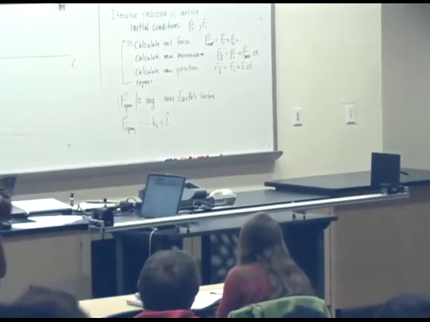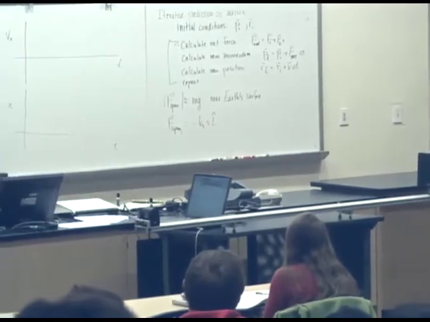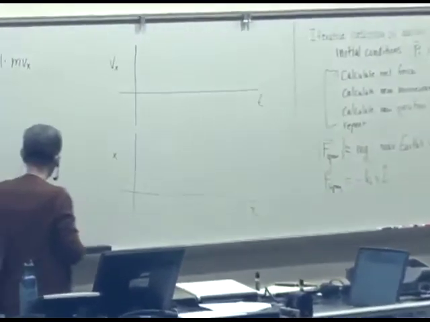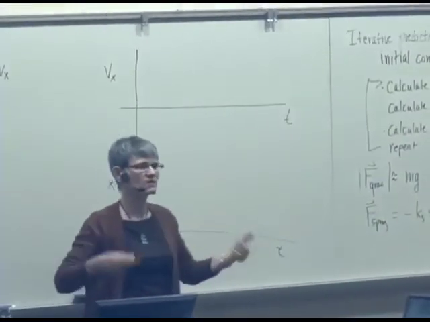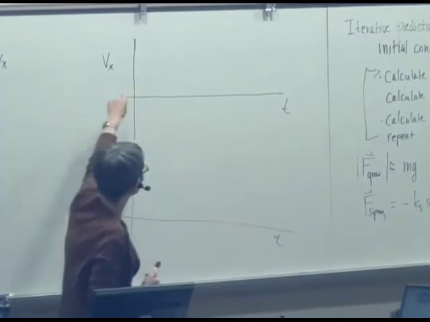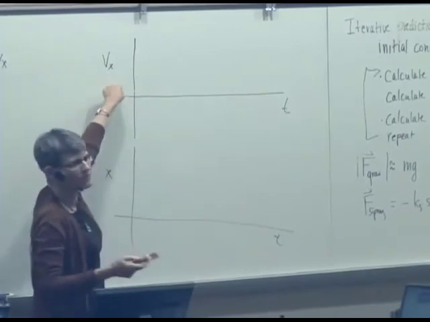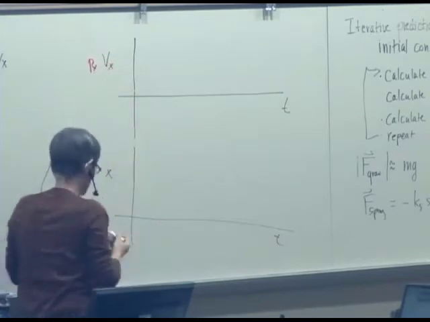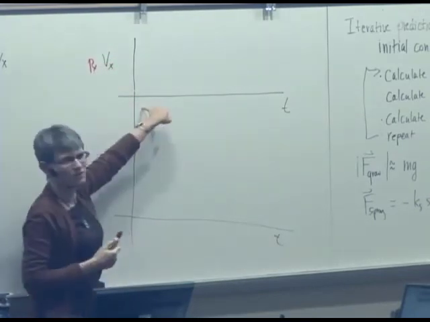What do we think we're going to see in these graphs when I do that? Let's concentrate on this one, v sub x or p sub x. What do you think that's going to look like?